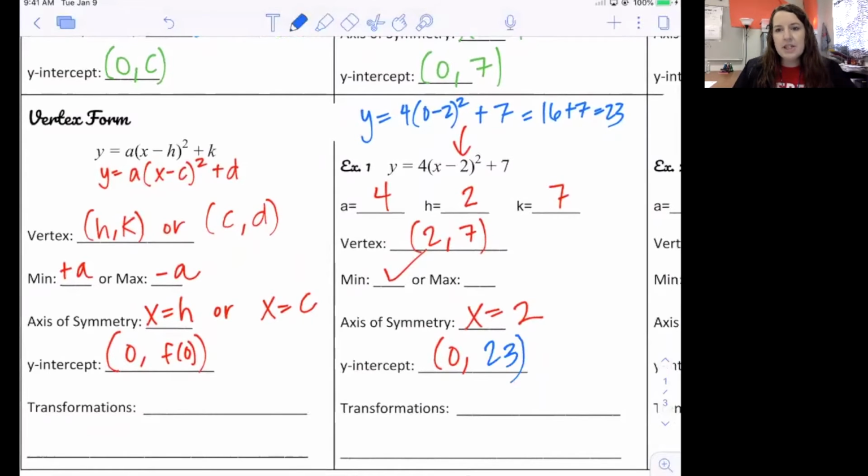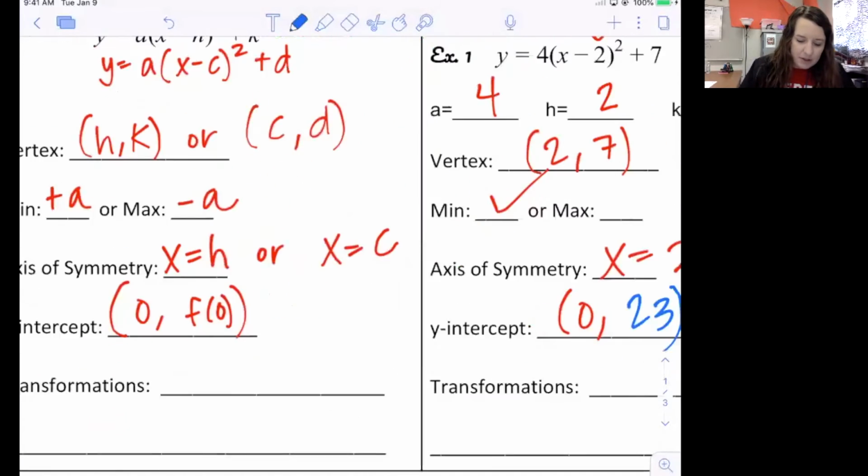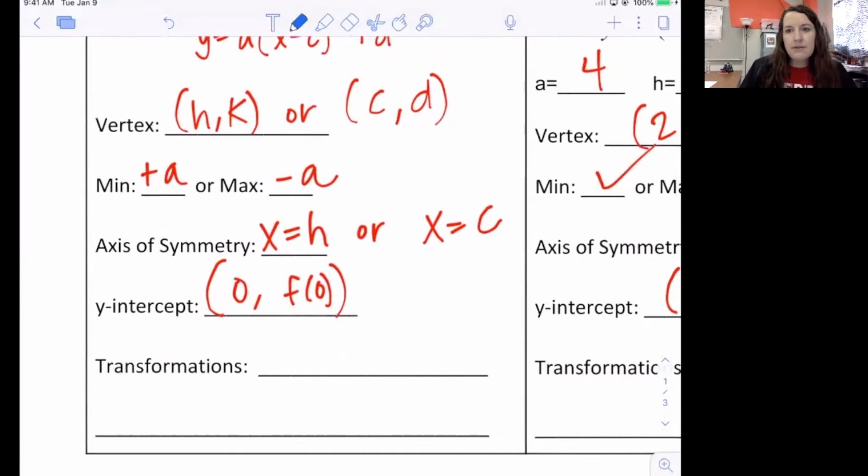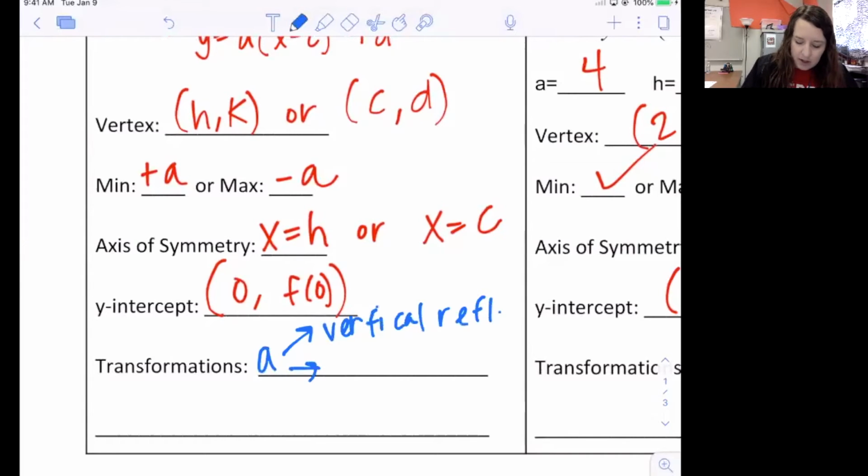Okay, our transformations, like I said, are exactly like absolute value. So if you need to refer back to your transformations notes from absolute value to get more detailed notes, you can absolutely do that. So a value can be a vertical reflection, or you can say reflection across the x-axis. It's also going to be your vertical stretch and compress.